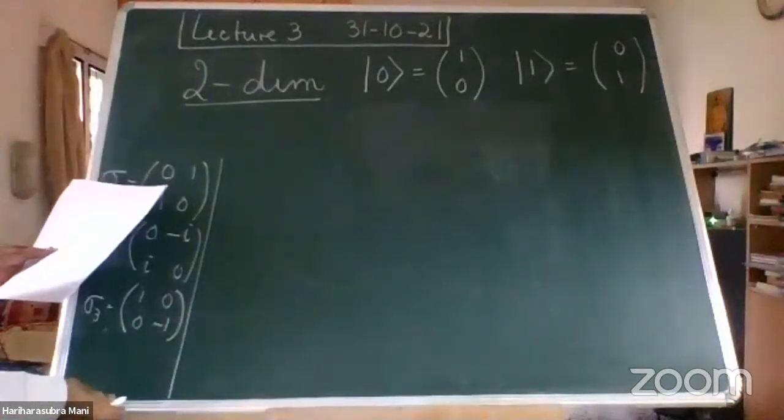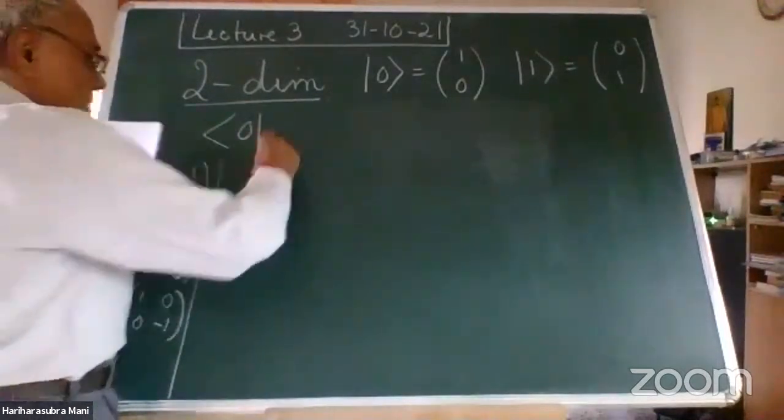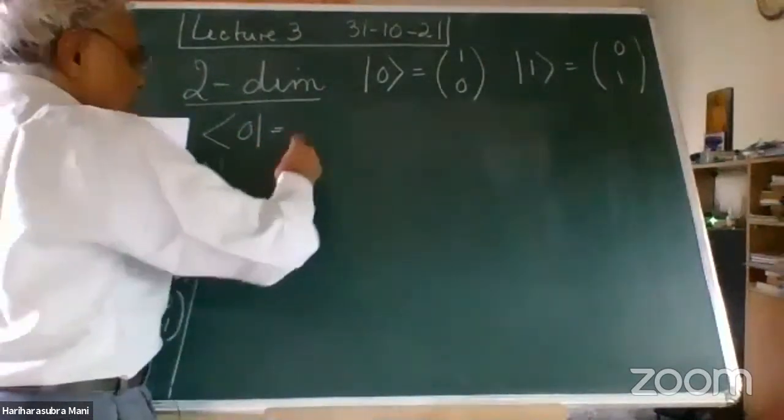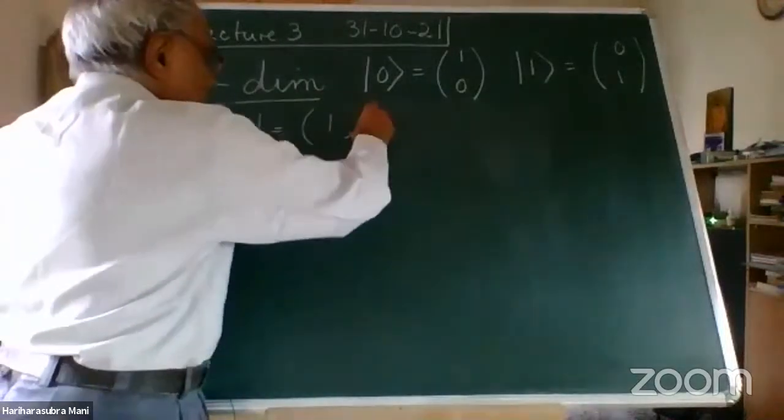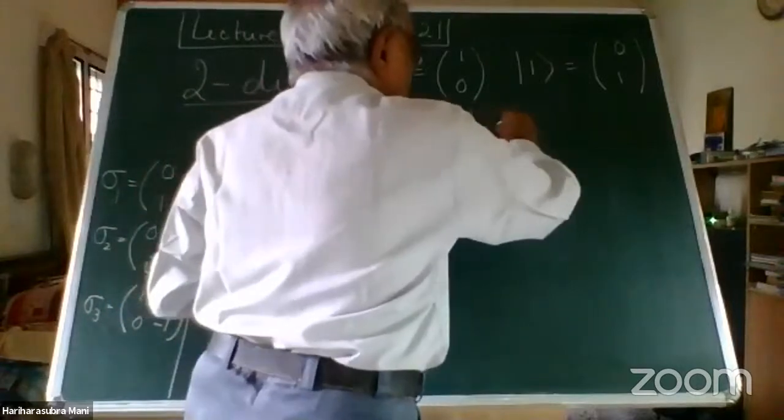And now I will write down the dual vector to 0, which I will represent by (1, 0), and to 1 by (0, 1).